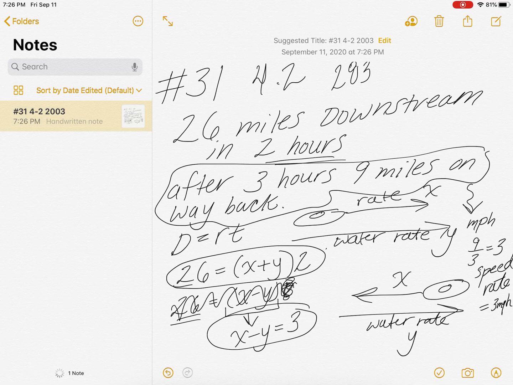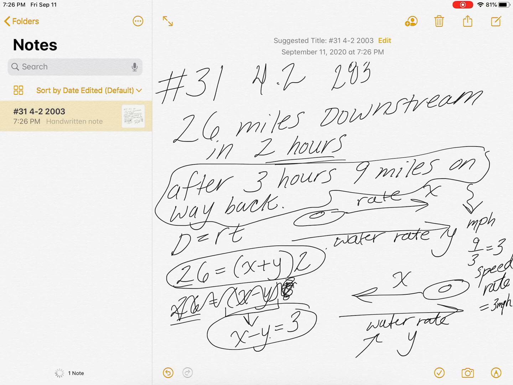All we know on the way back is after 3 hours, they'd only gone 9 miles out of the 26, you know what I mean? So our distance, rate, and time problem couldn't be set up. However, we did know the rate was x minus y, because that is the rate of the boat minus the rate of the water. That would be the rate on the way back, and we know that was 3 miles an hour. So from here, we could just use elimination.